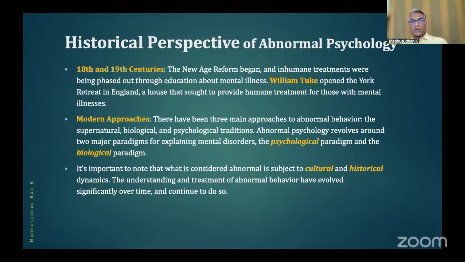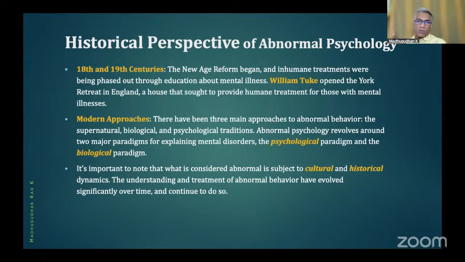So, modern approaches: there have been three main approaches to abnormal behavior, the supernatural, biological, and psychological traditions. Abnormal psychology revolves around two major paradigms for explaining mental disorders, the psychological paradigm and the biological paradigm.